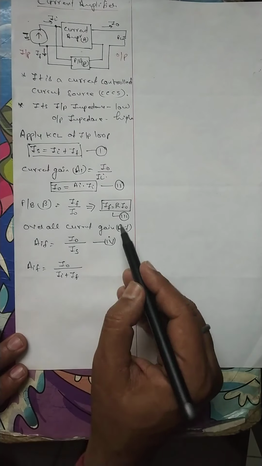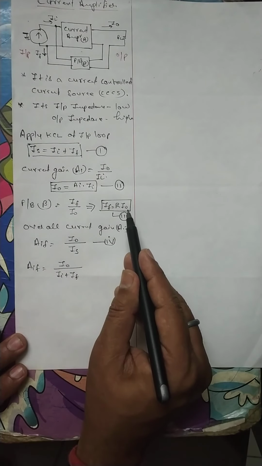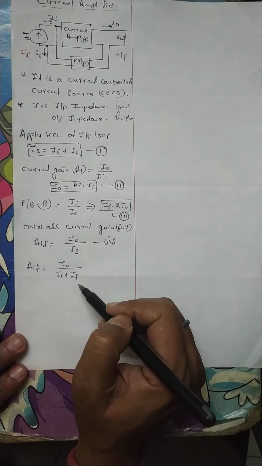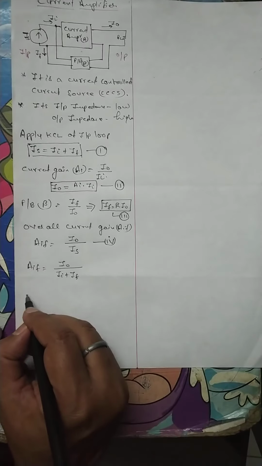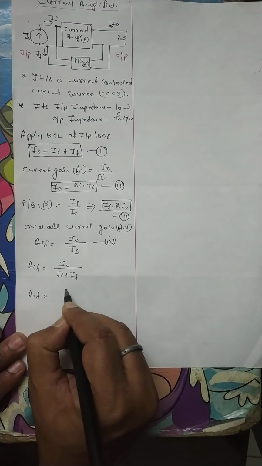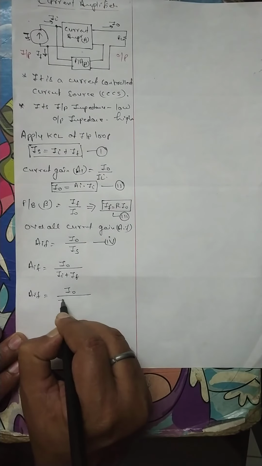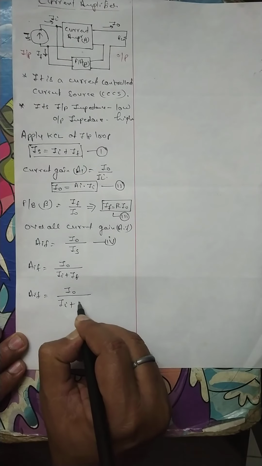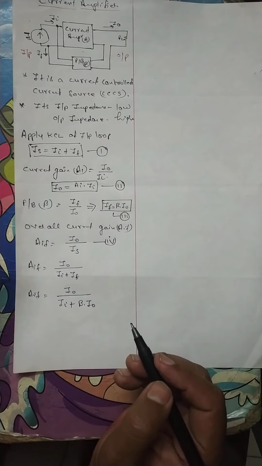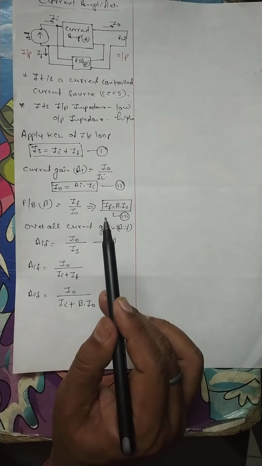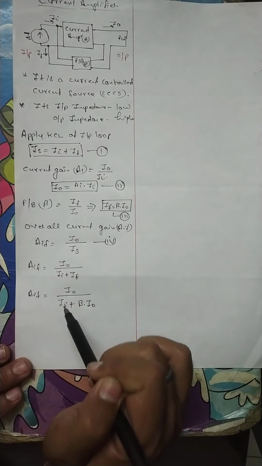So AIF is equal to I0 upon II plus beta into I0. And now from equation number 2, I0 is equal to AI into II, which we can also put over here.